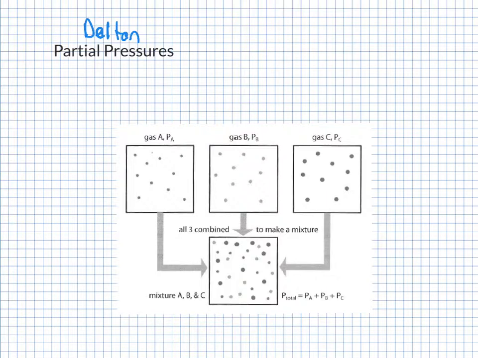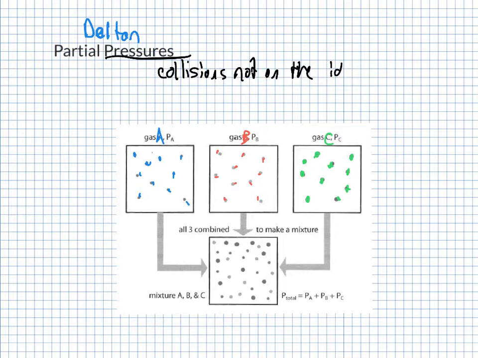So in this image, we've got three different gases. We have gas A with its little particles, and we have gas B with its particles, and we have gas C with its particles. You have to remember that when we're talking about pressure, pressure depends on collisions, not on the identity of the substance.